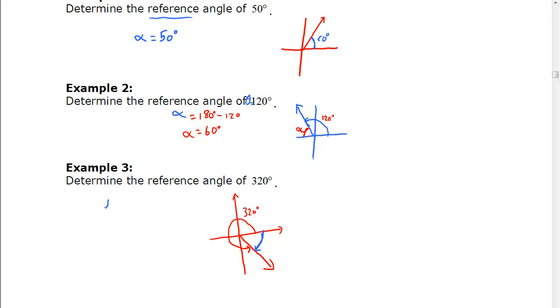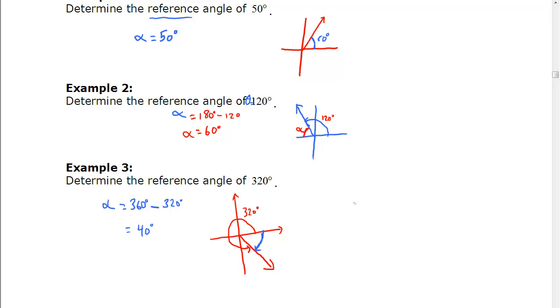And we always refer to it as positive. The reference angle is always positive because it's just referring to the space between where the angle stops and the x-axis. So in this case, this distance has to be the full circle, which is 360, minus however much this angle was. So in this case it's 320, and that gives us 40 degrees.